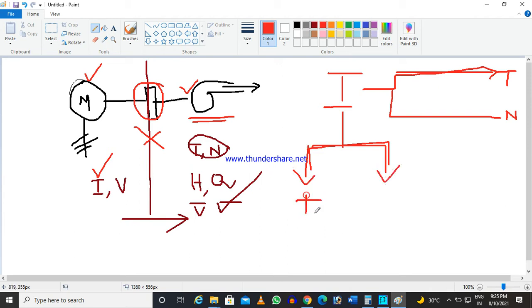One is called the direct axis component, another is called the quadrature axis component. Just listen to the names for now. The direct axis component produces the flux, and the quadrature axis component produces the torque. How it comes mathematically, I will clear all these things in a very simplified manner, but not in the introductory lecture.